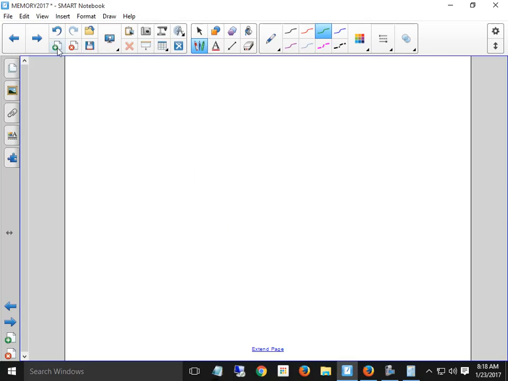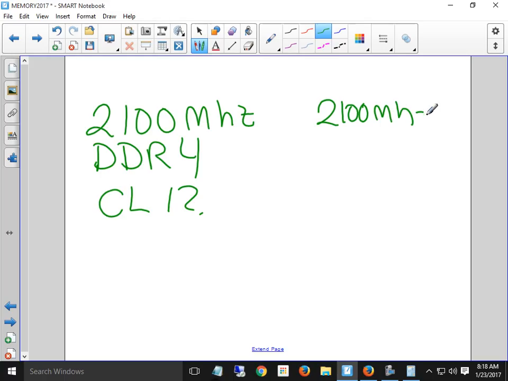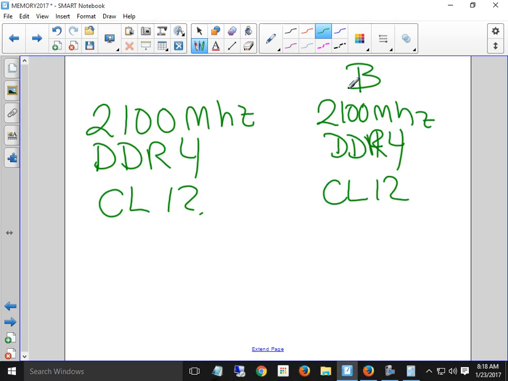So I got 2100 megahertz DDR4 CL 12, 2100 megahertz DDR4 CL 12. Which one's faster?